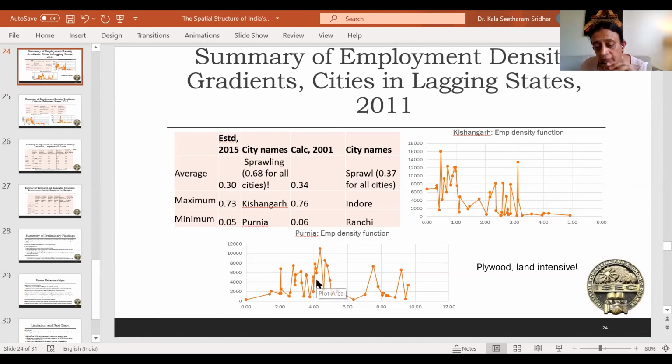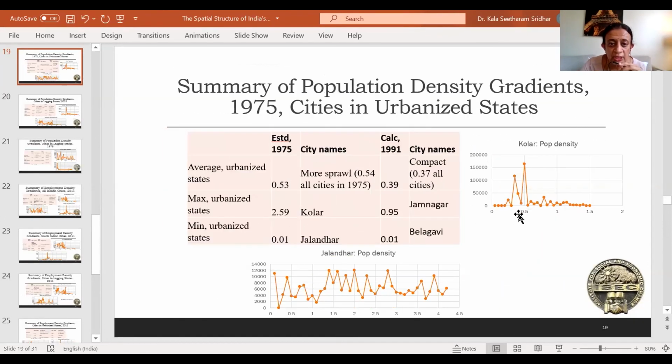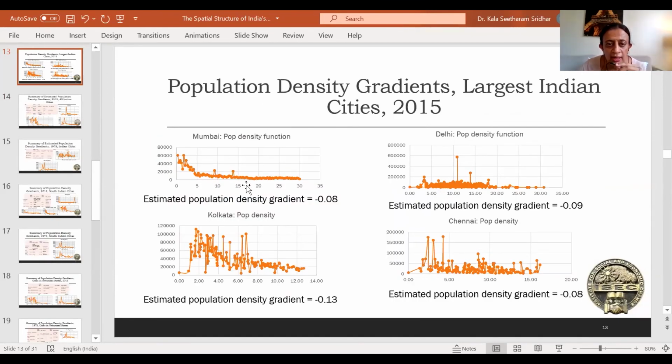So even without the estimation of the regression of the population density function, this is what these graphs show. Let me go to the specific cities, especially the large cities. This shows a clearly negative exponential density function for Mumbai, and this is a clear negative exponential density function for Chennai.